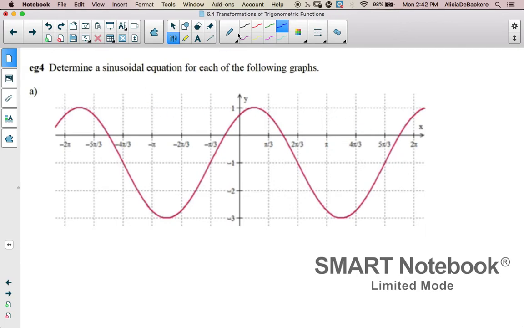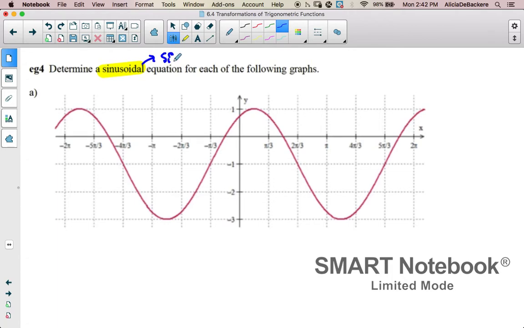The other thing is it says sinusoidal, but sinusoidal could be cosine or sine. They're both sinusoidal. So I don't know which one it is. I get to choose, depending on the curve.